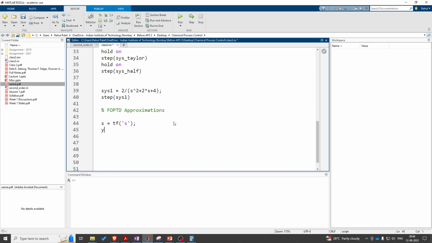Now the transfer function, let's just call it as original transfer function is given by, let me pull it over here. So the original transfer function, let's just take the value of k as constant as 1, the numerator was minus of 0.1 into s plus 1 upon 5 into s plus 1.